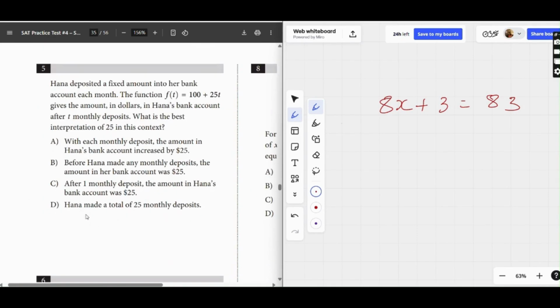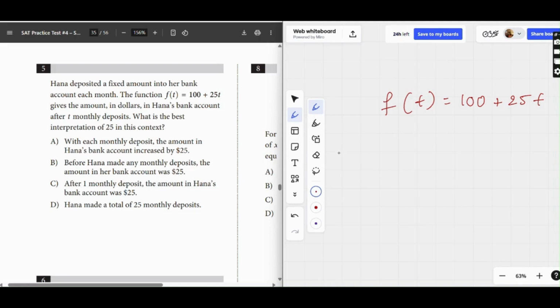Question number 5. Hannah deposited a fixed amount into her bank account each month. The function f of t equals 100 plus 25t gives the dollars in Hannah's bank account after t months of deposits.